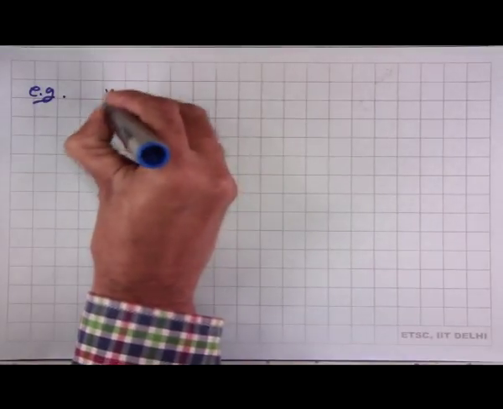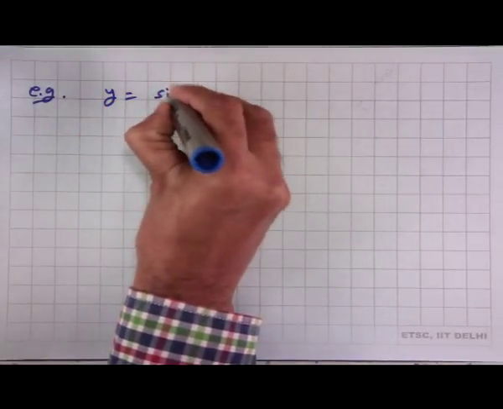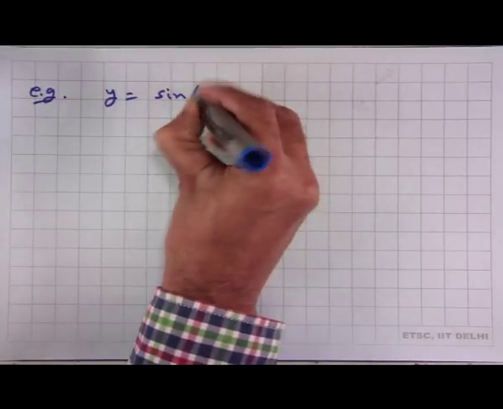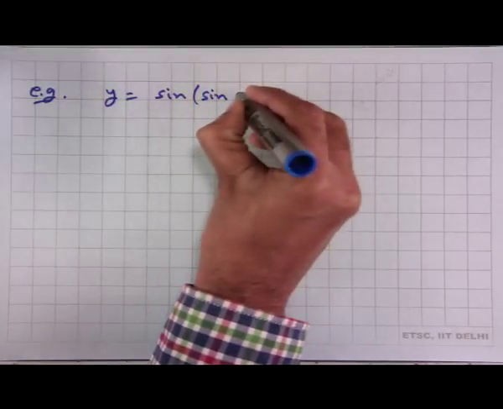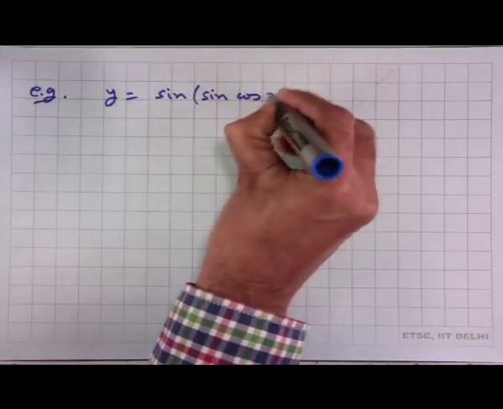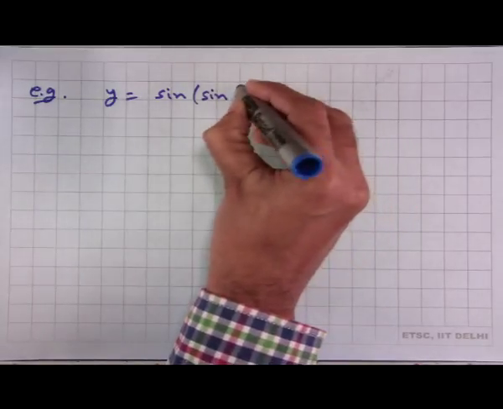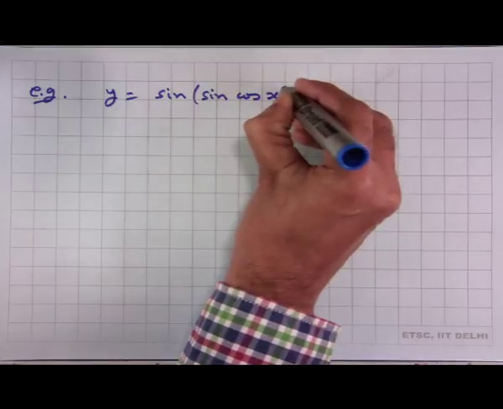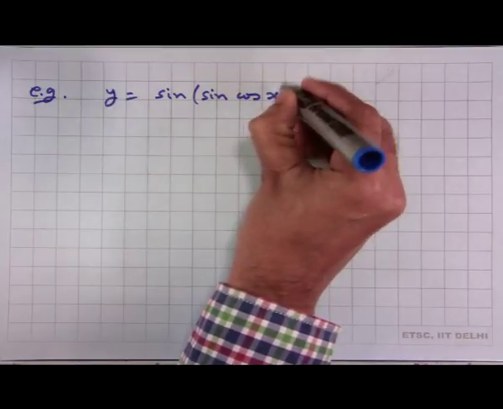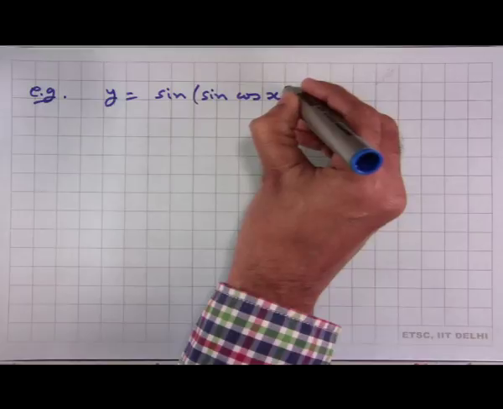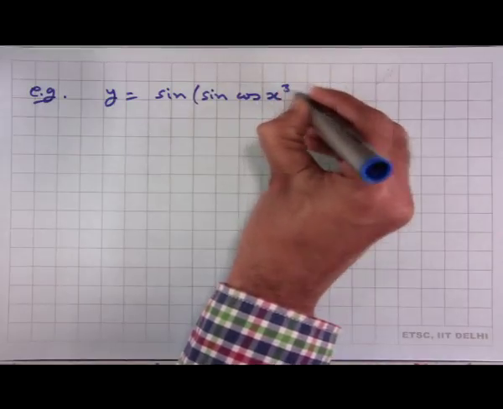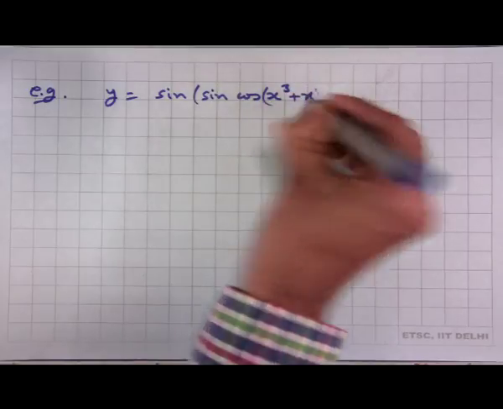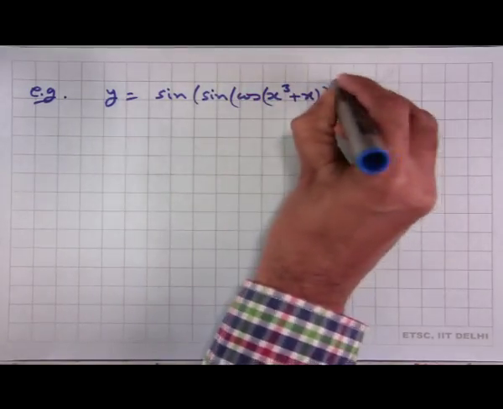Let me do maybe one more example. So, I can make it some sine of cosine of x cube plus x.